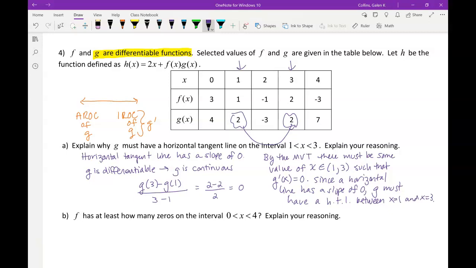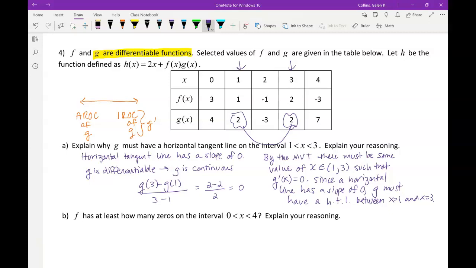There might be other ways to write that, and I realize it's a little redundant, but it's better to say twice that the horizontal tangent line has a slope of 0 than to risk not saying it, because the mean value theorem just guarantees the value of the derivative.